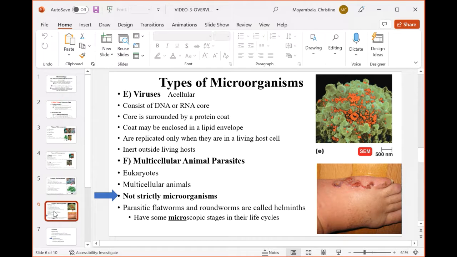And that's not a very popular test in the clinical lab. You can imagine it's not a very pleasant test to do, but it is necessary in order to look for the eggs of a suspected parasite.